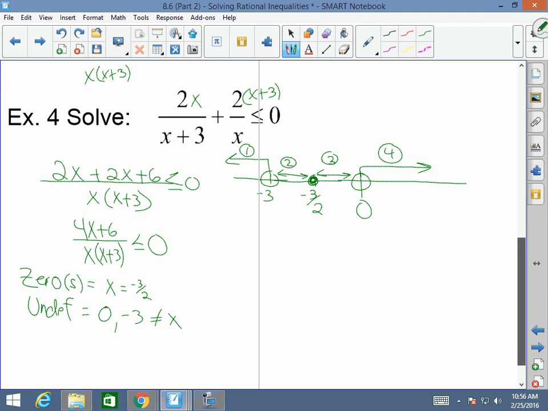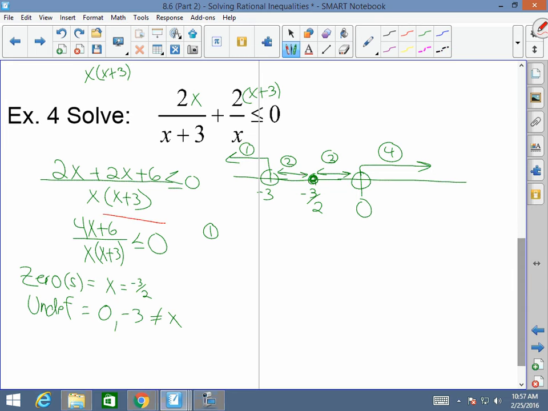Now let's test. Give me a value less than negative 3. Negative 4. Okay, remember, we're plugging it into this. If you plug it into the original, it gets pretty difficult, right? Because now you got to start adding and stuff. Use the single rational expression that you created with your hard work.